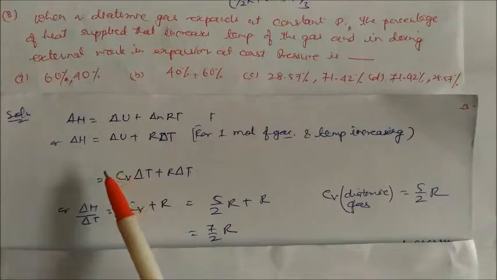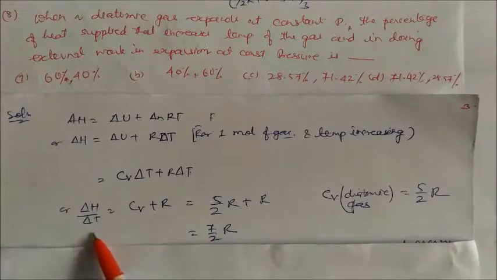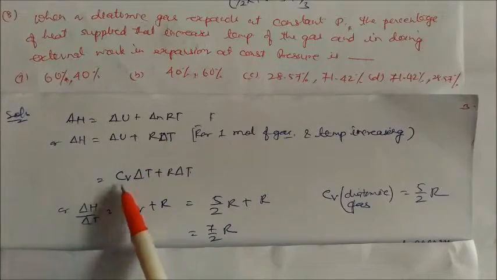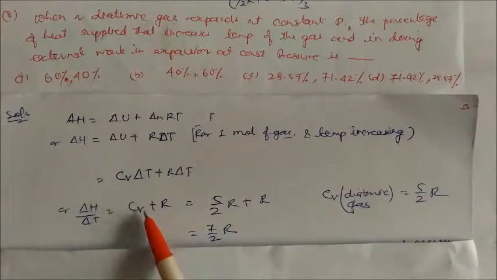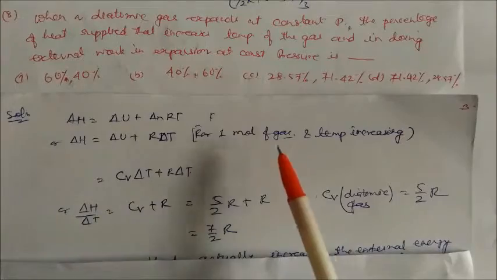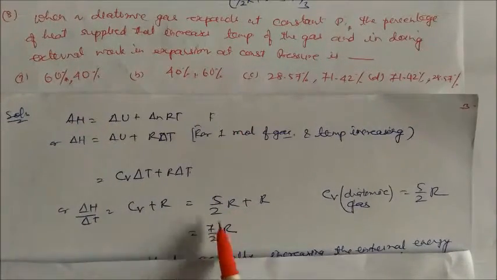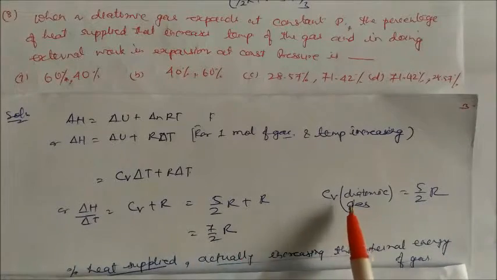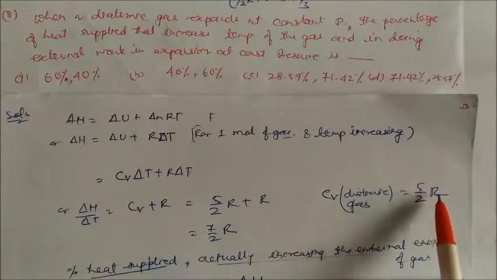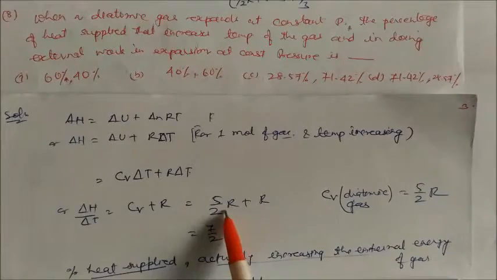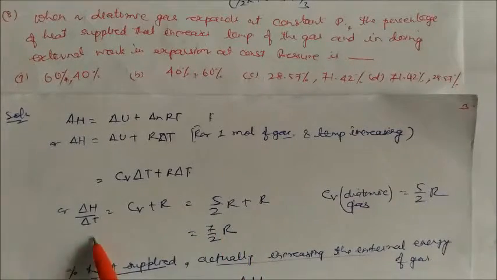So dividing by ΔT, ΔH by ΔT becomes Cv plus R, and Cv for diatomic gas is 5 by 2R, plus R. Adding, you get 7 by 2R for ΔH by ΔT.